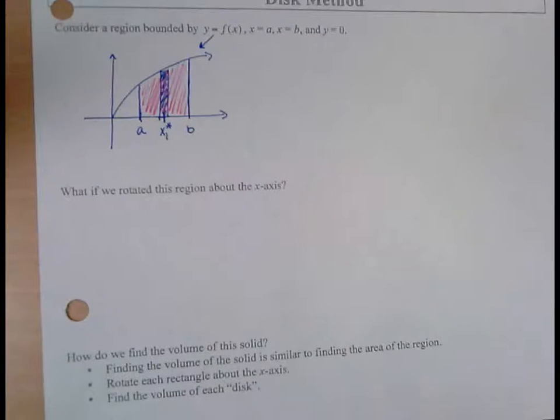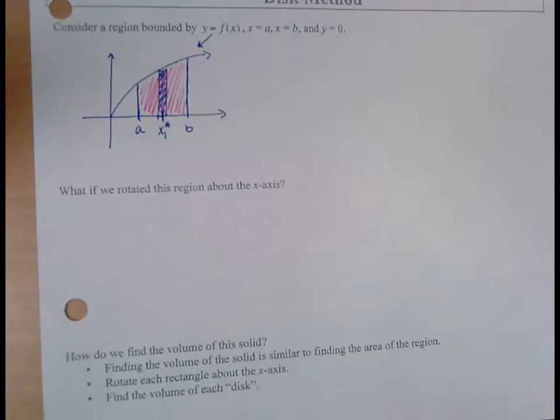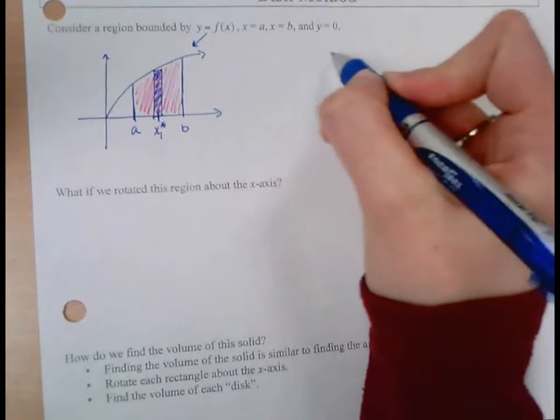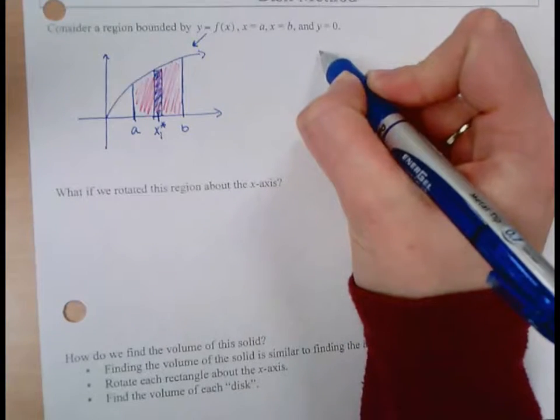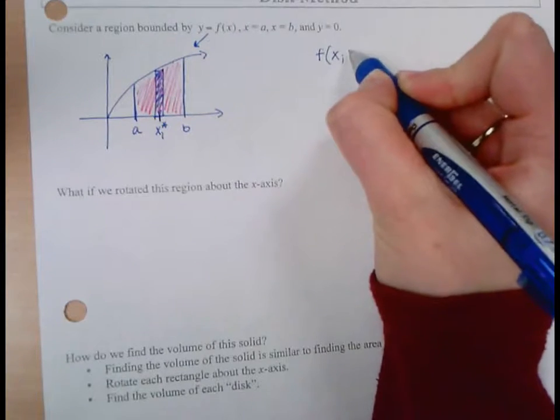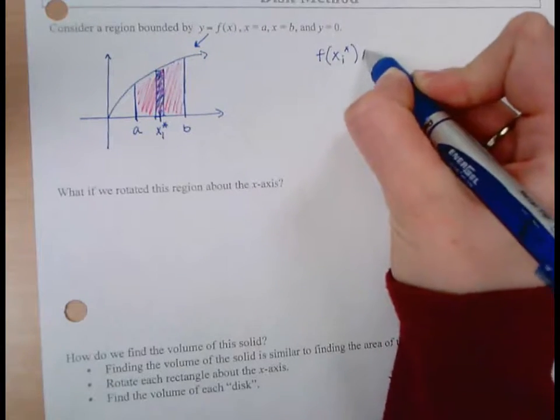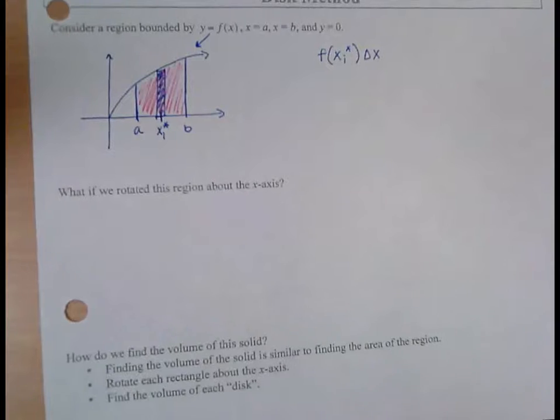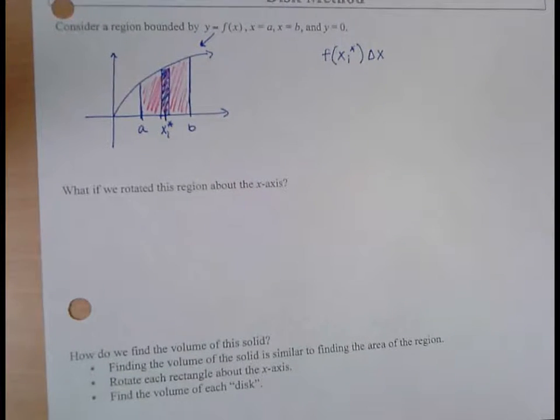That just means any x value that's in that subinterval would be substituted into the function to find the height. So the area of just one rectangle was the height, f of x sub i star, multiplied by the width, which was delta x. So that was one rectangle.